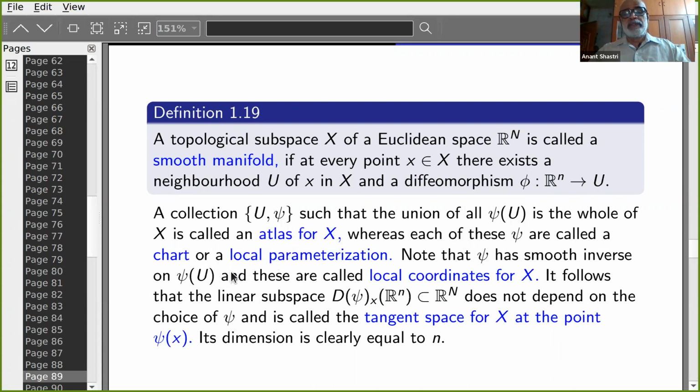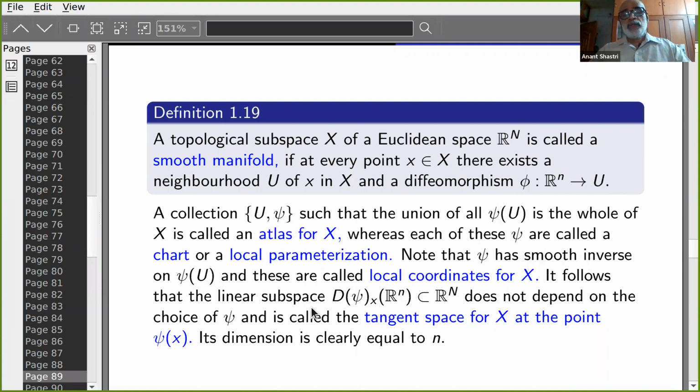So I have mixed it up here slowly. This must be phi here always. Note that phi has a smooth inverse on psi of U, and these are called local coordinates. So the local coordinate functions will be from U to R^n.